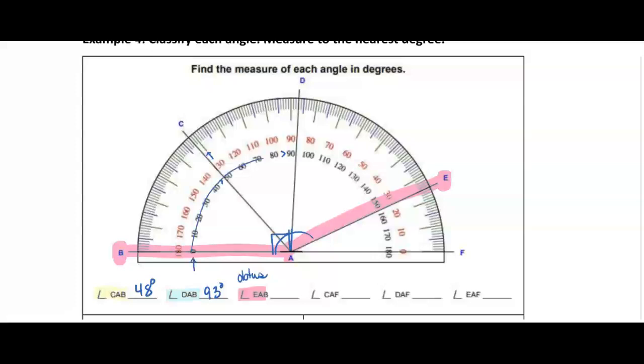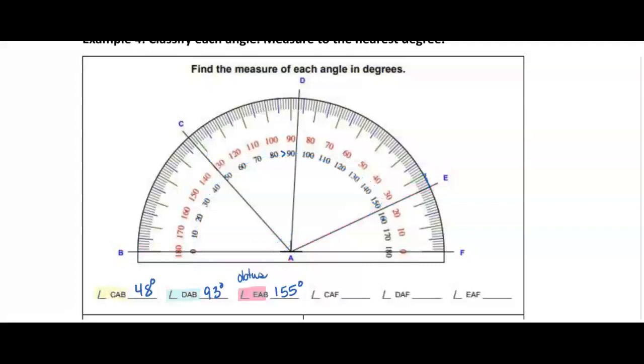So when I trace and follow along the black scale, I get that it's going to be between 150 and 160. Here's my 150. 151, 152, 153, 154, 155. Okay, and 155 is between 150 and 160, so that is a reasonable answer.